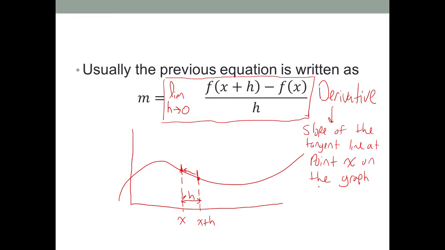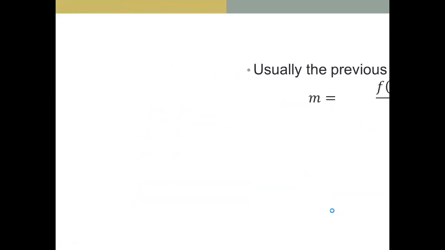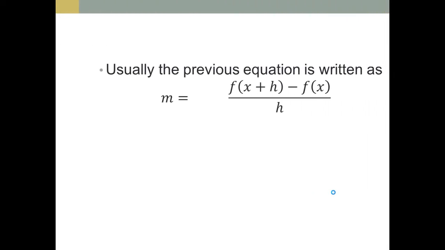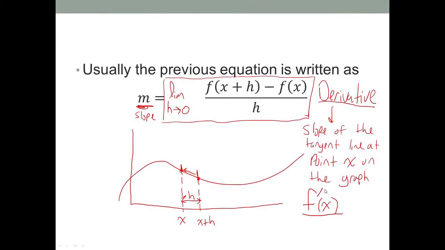And usually we'll denote the derivative with this notation. We call it f prime of x. That's usually how we write the derivative. But all three of these mean the same. M, or slope, is really the derivative, and that's really the same thing as f prime. So slope, derivative, and f prime of x are all the exact same thing.